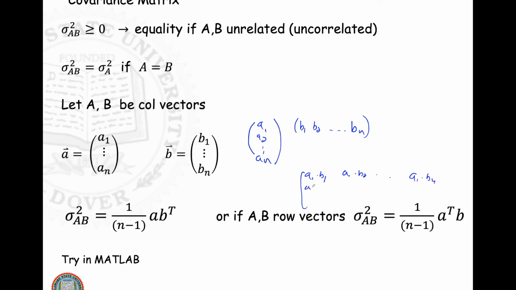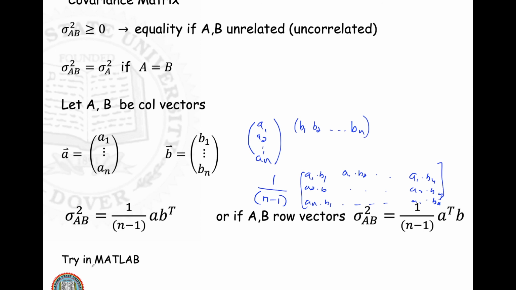And then you take A2 times B1, etc., A2 times Bn. And lastly, you take An times B1, etc., up to An times Bn. And if you do that outer product between these two vectors, well, you end up with a matrix. And that matrix, when we multiply it by that scalar 1 over n minus 1, that is our covariance. So that's not a mistake to say AB transpose.